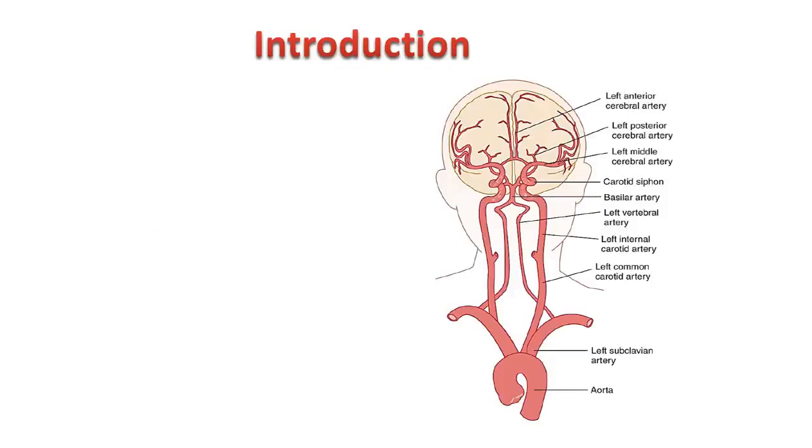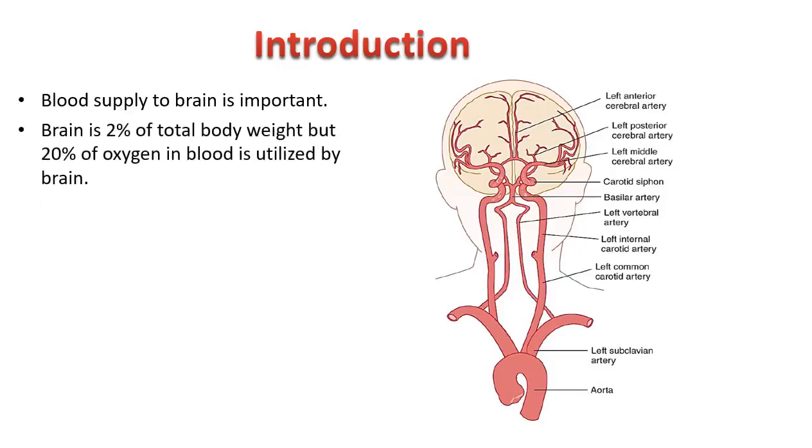First of all, the blood supply to the brain is very important for the survival of the tissue. Because the nervous tissue, especially the brain tissue, cannot survive without the blood supply, and it is a place where high and continuous activity is taking place.